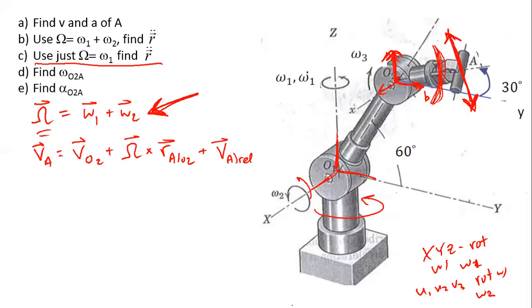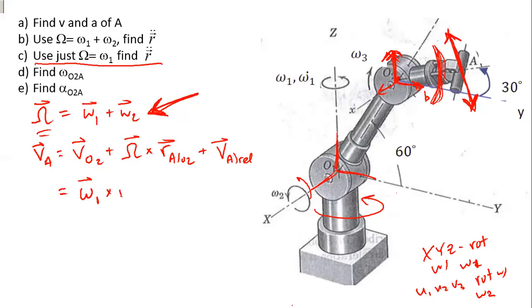And then for VO, if you're looking at how VO is going, does your VO have a velocity due to any of the rotations? It will, because the omega 1 is going to give it velocity, since it's going around, so it would kind of go in and out.